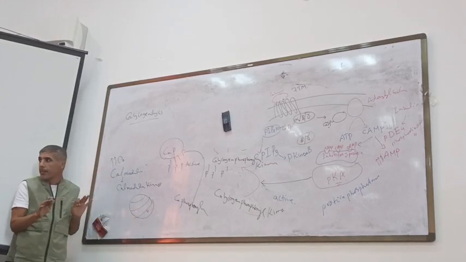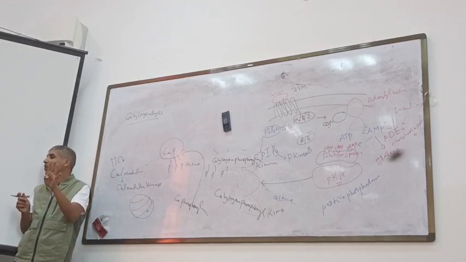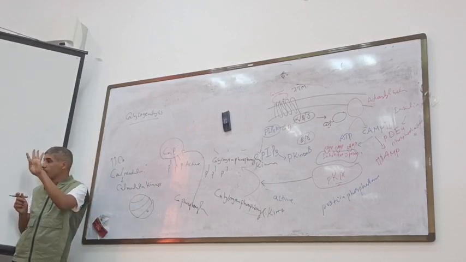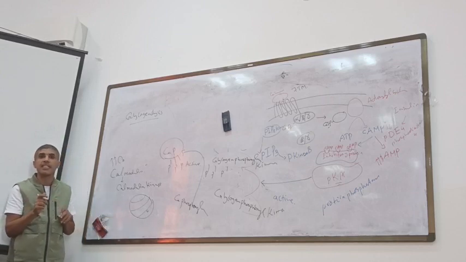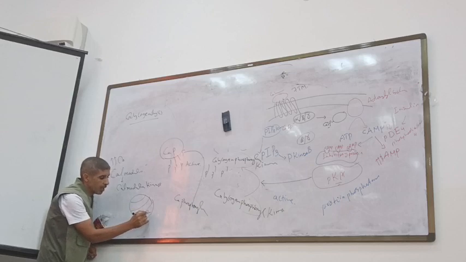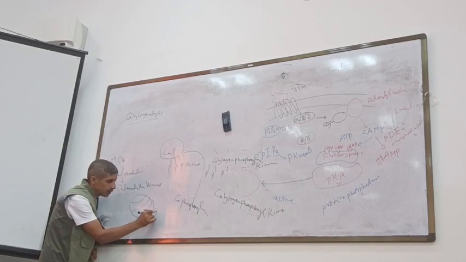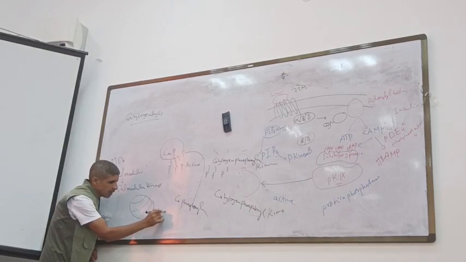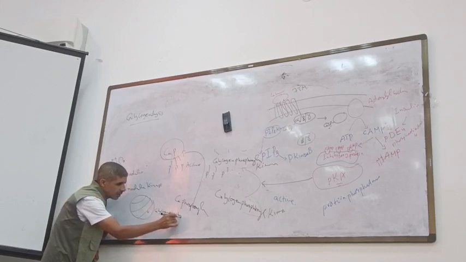So it is a tetramer, as in the case of hemoglobin, consisting of 4 subunits. The fourth subunit is an enzyme, glycogen phosphorylase kinase.